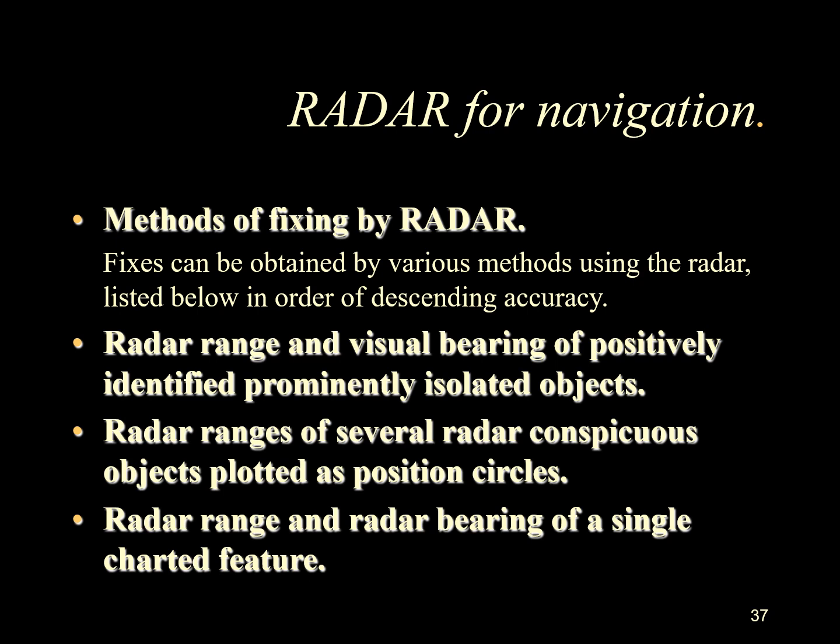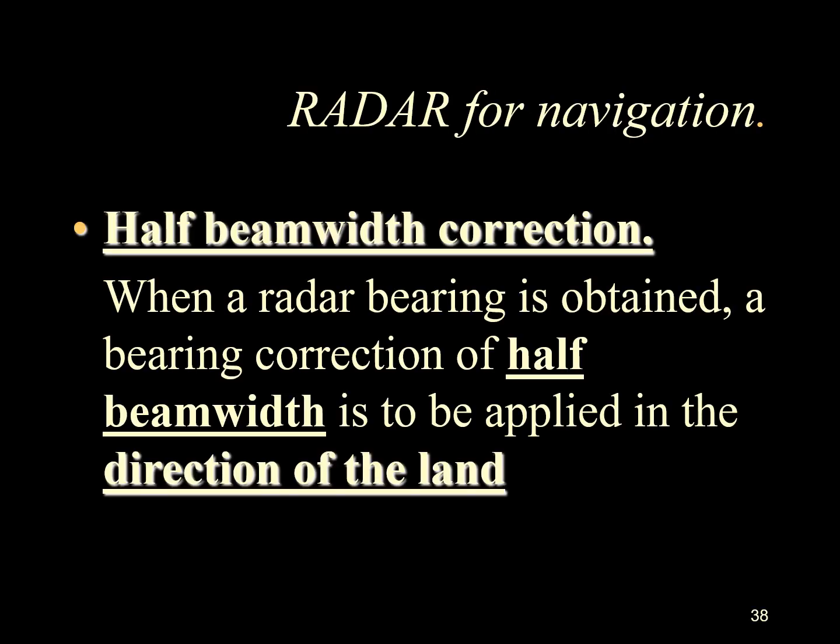So if possible, try to start from the radar range and visual bearing, then use the radar ranges of several objects, and then only use radar range and radar bearing. It is here assumed that the range of a prominent isolated object can be more accurately measured than those of merely radar objects.